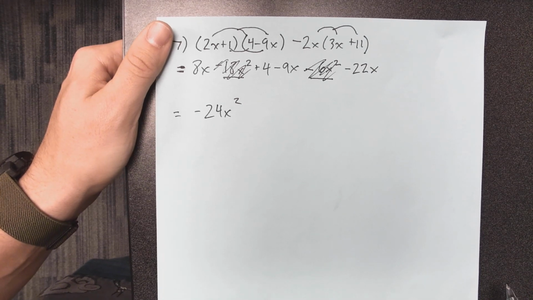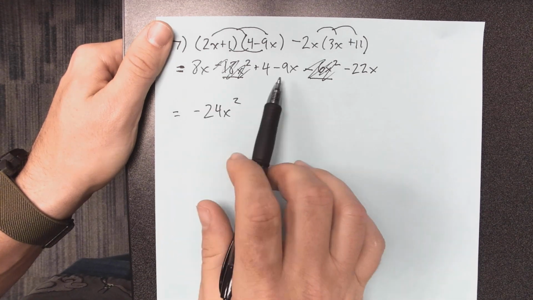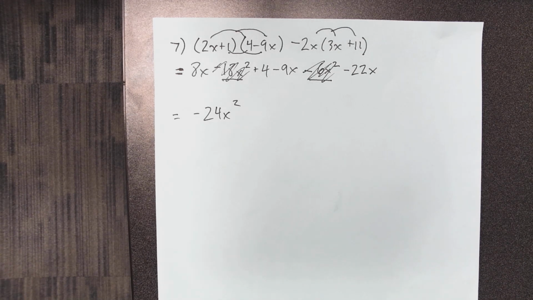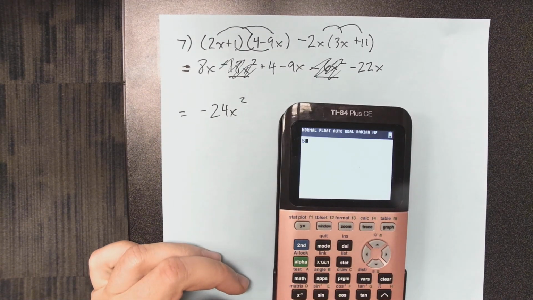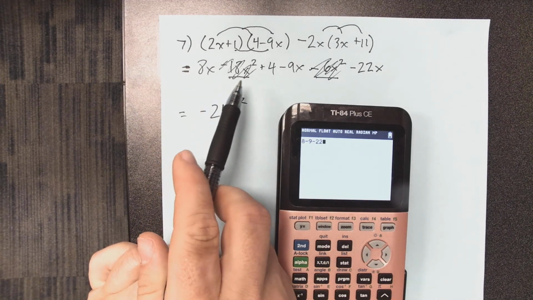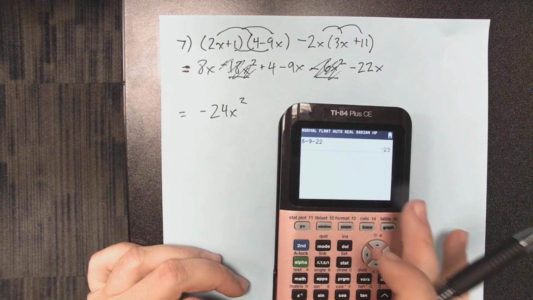Let's see what's left. This is where you can use your calculator. I got 8x's minus 9x's minus 22x's, so those can all be combined. I like to try and do it all in one step, combining those like terms. So I've got 8 minus 9 minus 22, which is going to be minus 23.